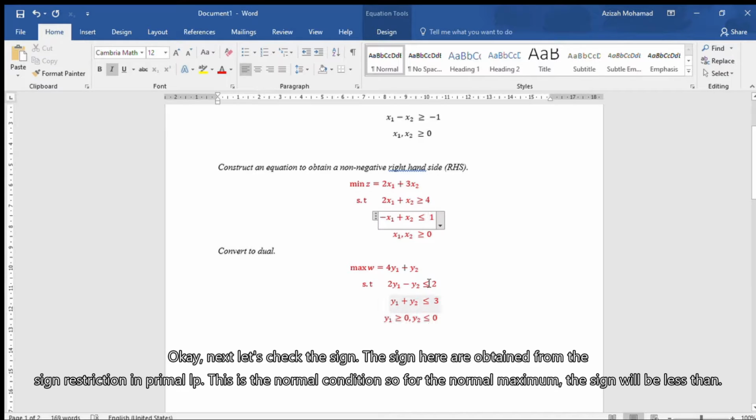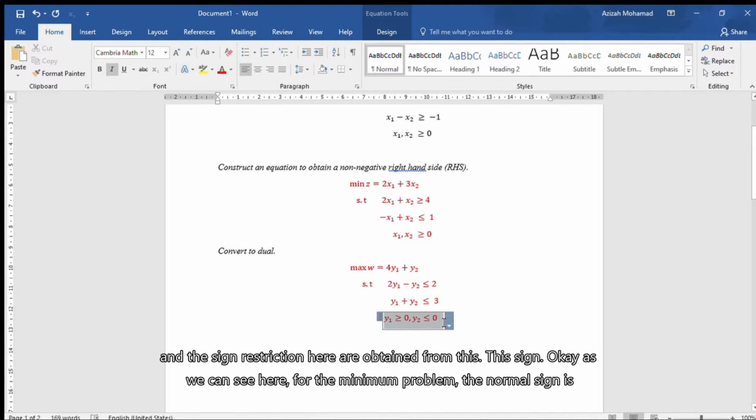Okay, next let's check the sign. The sign here is obtained from the sign restriction in the primal LP. If this is the normal condition, then for the normal maximum, the sign will be less than. And the sign restriction here is obtained from these signs.